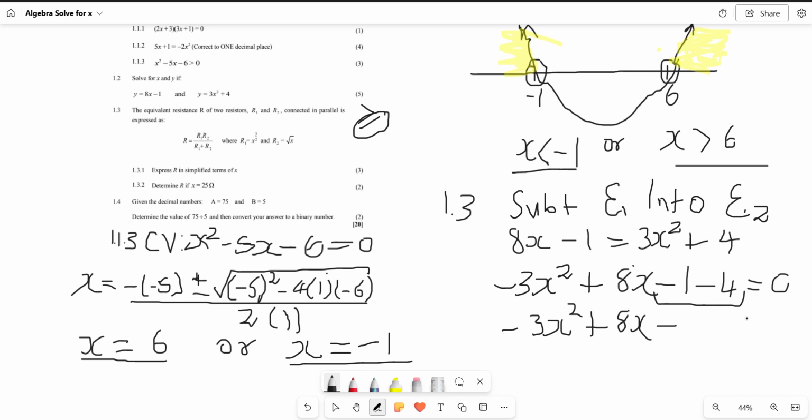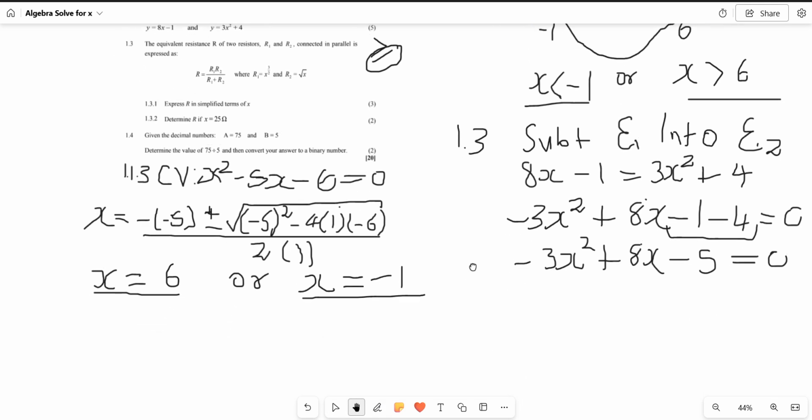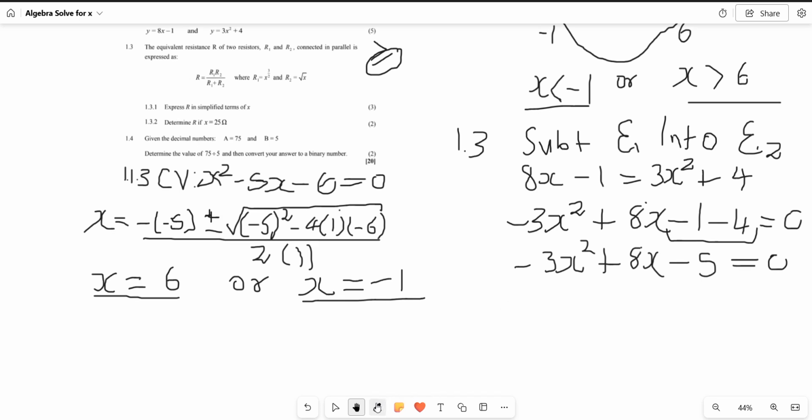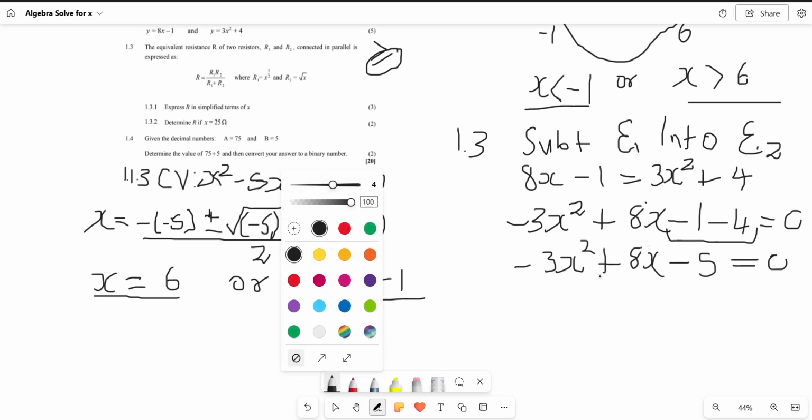After you add 1 plus 4, it results to 5, so negative 5, that is equal to 0. After you have done that, now you have a quadratic equation in the standard form. Then what needs to happen now?